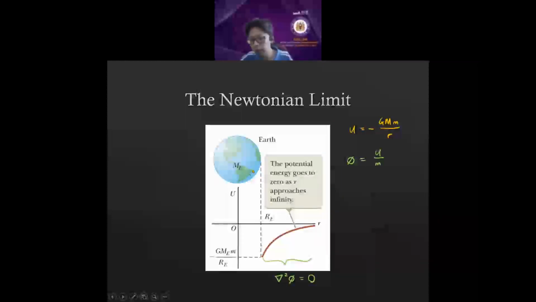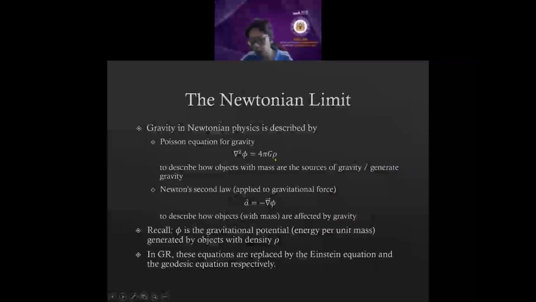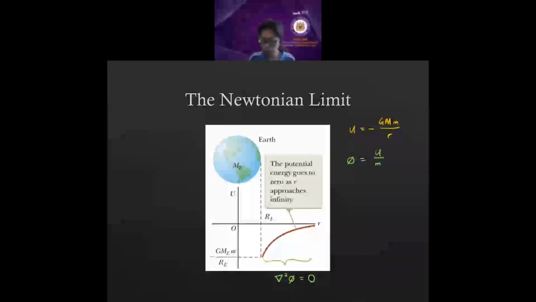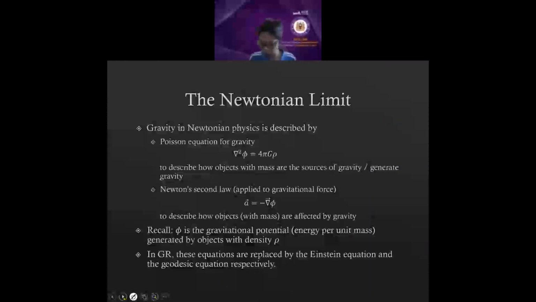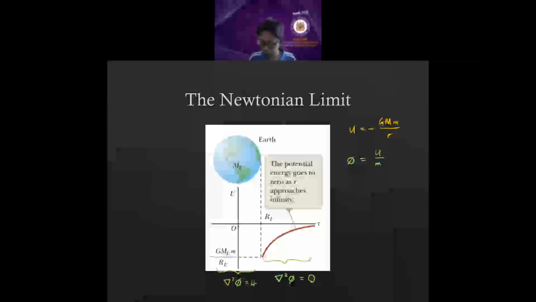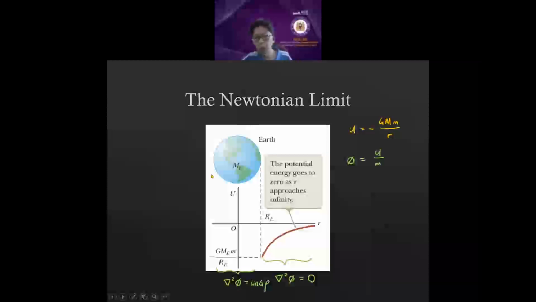Whereas inside the Earth, the density rho is not going to be equal to 0. So inside here, we need to solve this equation in order to find the gravitational potential inside the Earth.